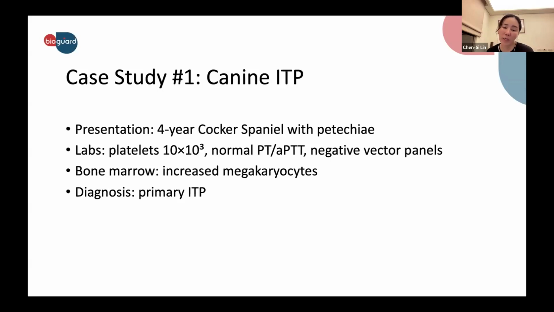They have normal PT and aPTT responses, and the tick-borne disease tests were all negative.